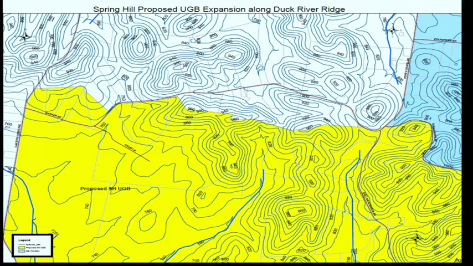So unless you're going to take some other actions later on, it doesn't look like it is tied into any of the current Spring Hill properties. Am I reading that wrong on the map?